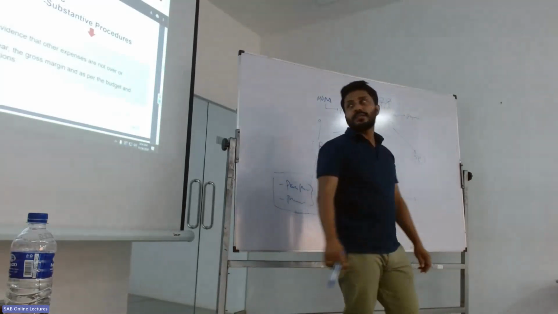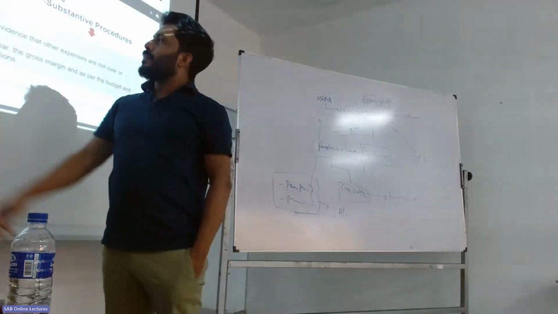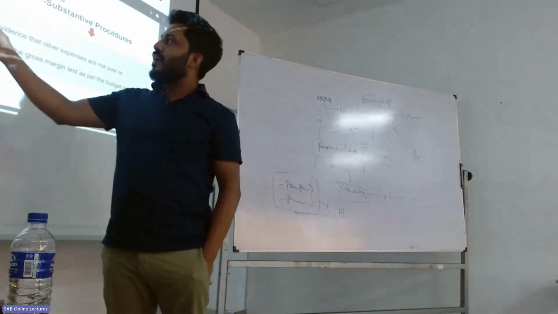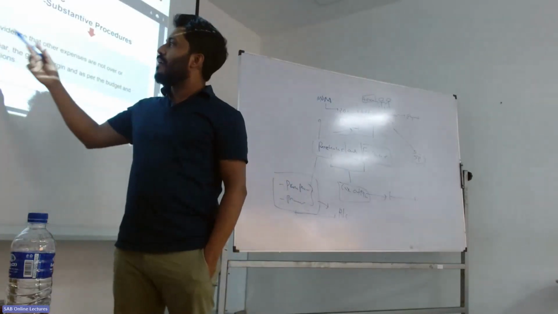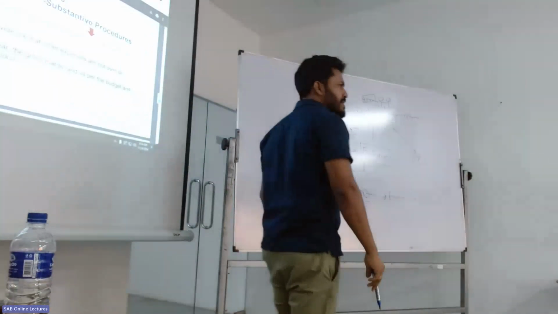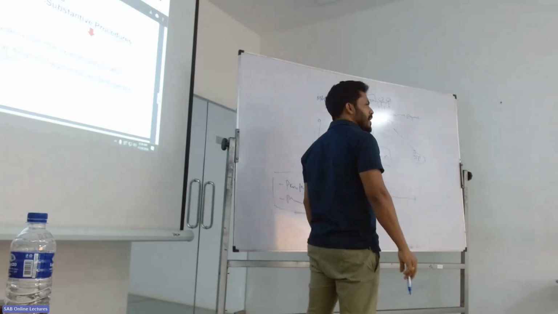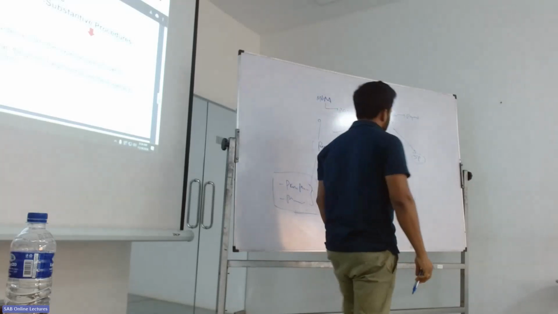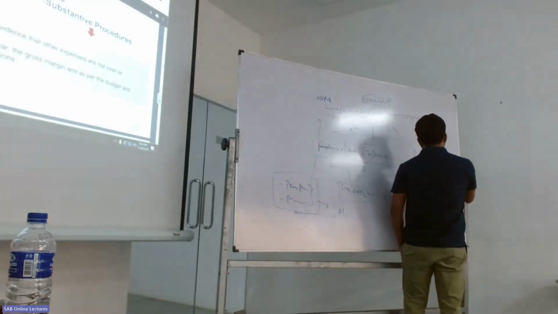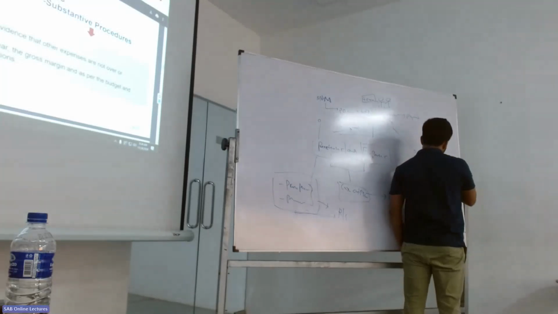Under substantive procedures, basically what we need to do is sample purchase invoices and make inquiries of the management. You can do analytics relating to the gross margin. Likewise, you can do basic testing. Basically, analytics plus testing.